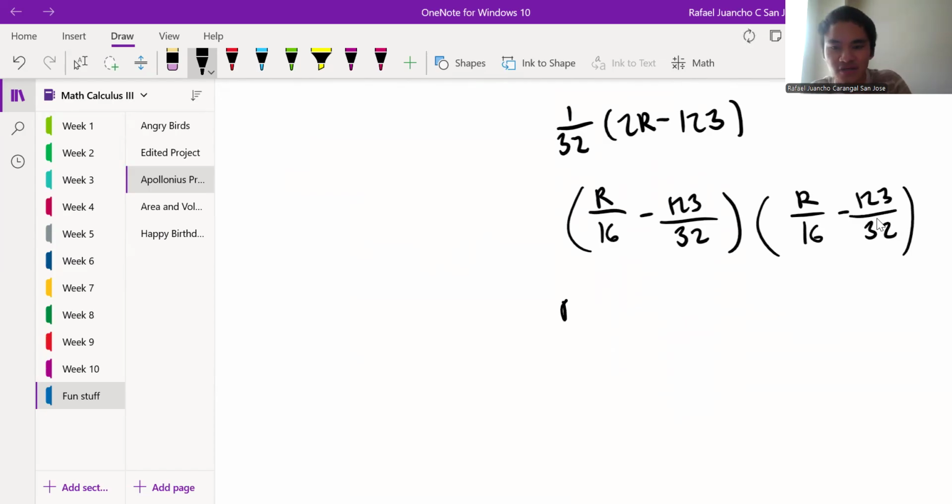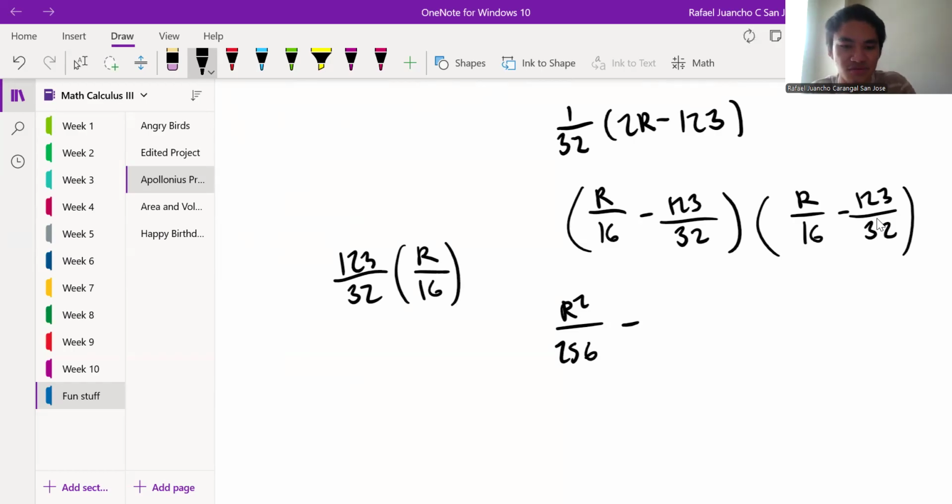And then from here, I get r squared over 16 times itself. 256. And then this is minus 123 over 32 of this. Can I? Oh, shoot. Can't do it. So this is 1 over 32 r. 32 times 16. I get 512. And I do that twice.